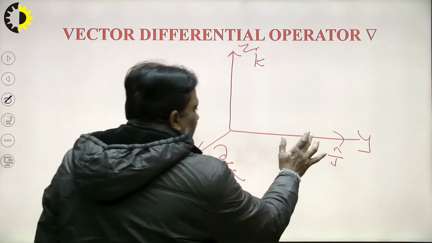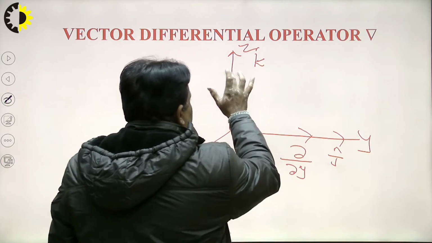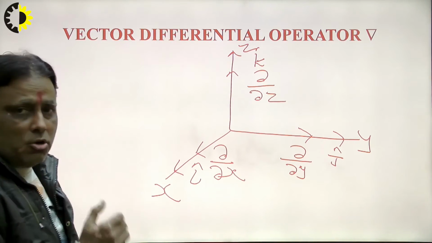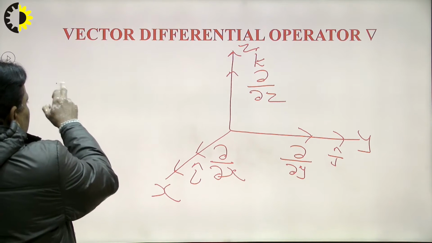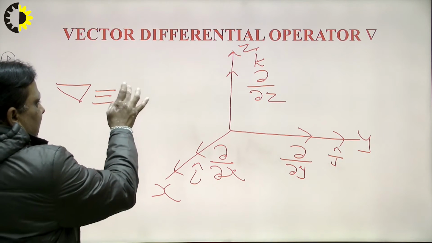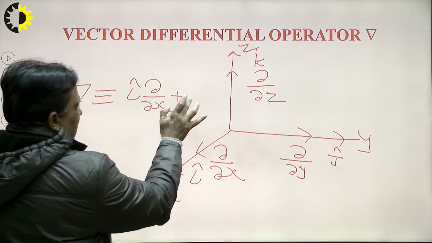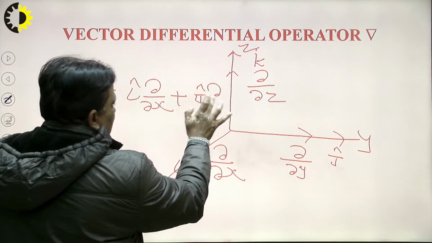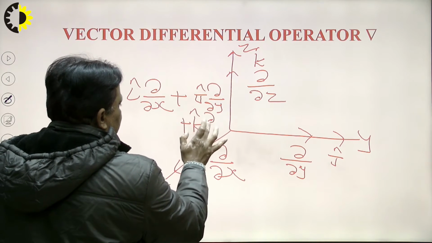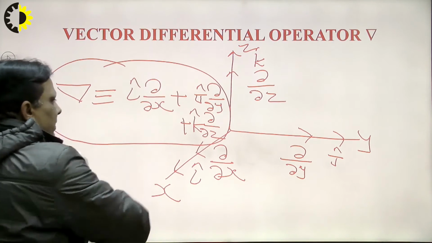In the same way in this direction ∂/∂y, in this direction ∂/∂z, and the sum of all the components is known as the differential operator, the mathematical operator del, equal to i ∂/∂x plus j ∂/∂y plus k ∂/∂z. That plays the most important role in our vector calculus. This is known as del and represented by nabla.